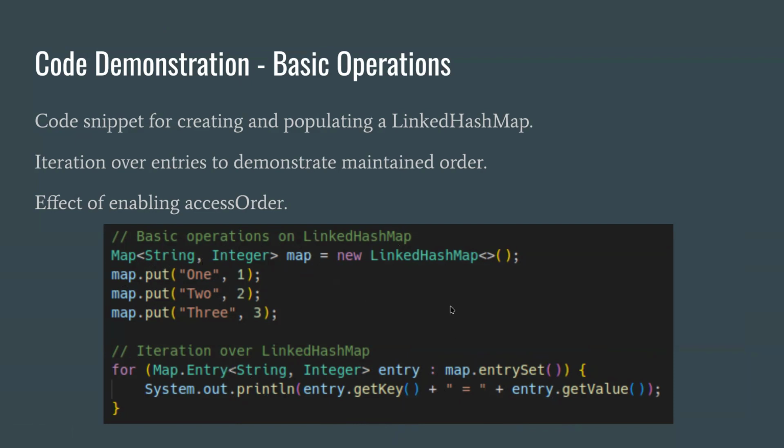Try running this example, and when access order is set to true, accessing an item will move it to the end of the list. It demonstrates its dynamic reordering.